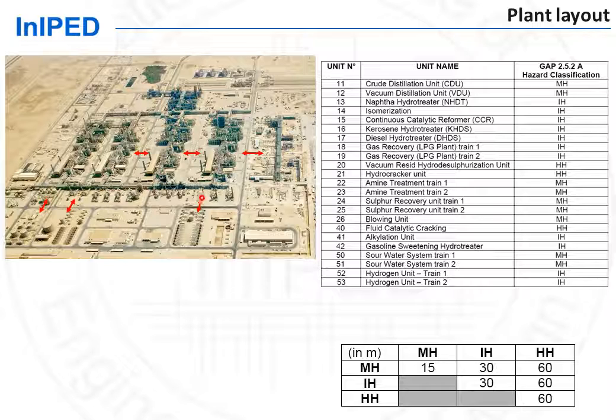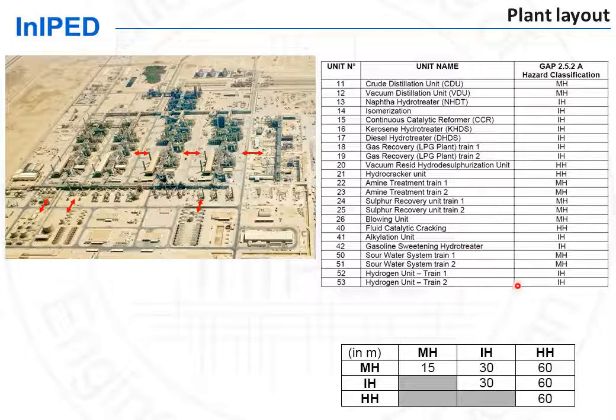Each unit is classified in terms of level of hazard. The classification depends on the type of fluids handled in the unit, the type of process. Is it a reactive process, a reaction where there could be a runaway or not? And the level of pressure and temperature.